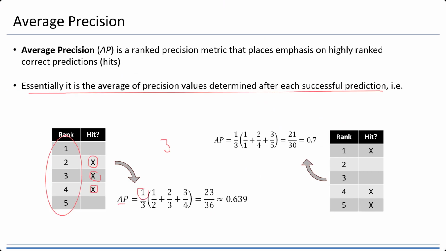If you still remember the previous formula for average precision, it is 1 divided by m, and here we have 3 products.